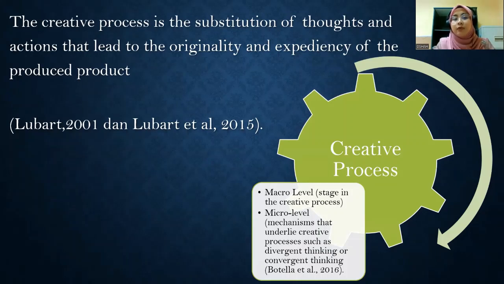According to Bluebird, the creative process has two levels, macro level and micro level. Macro level is the stage in the creative process. Micro level is the mechanism that underlies the creative process, such as divergent thinking or convergent thinking, which I will explain in the next slide.